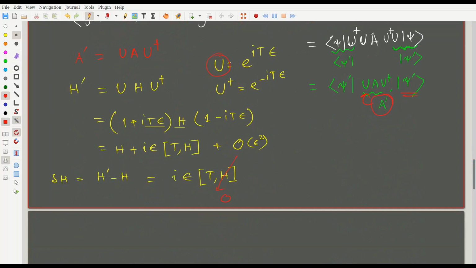And since U is generated by this T, the condition for U to be a symmetry operation for my Hamiltonian becomes this to be 0.